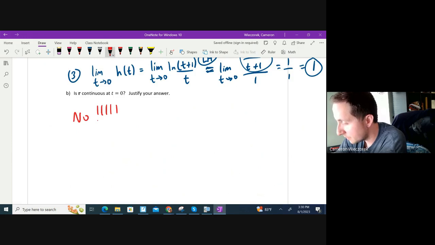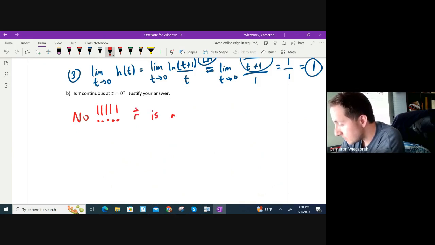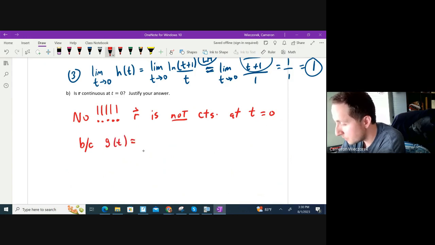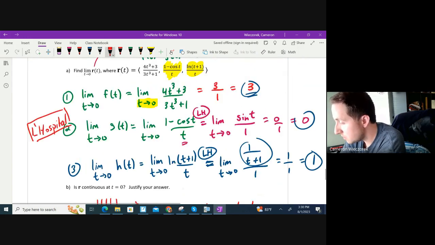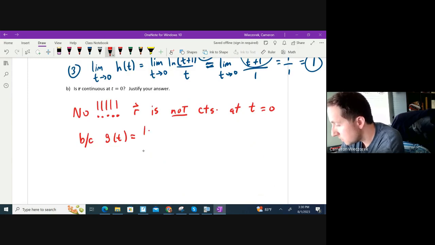I'm feeling 5 exclamation marks. Add more or less as you see fit. No. R is not continuous at t equals 0 because I'm going to define my functions. Even though I labeled them up top, I'm going to be more formal here. G of t equals 1 minus cosine t over t.